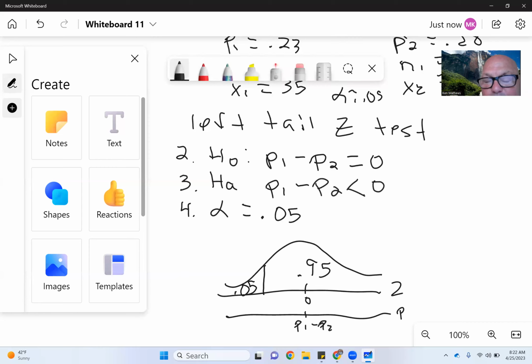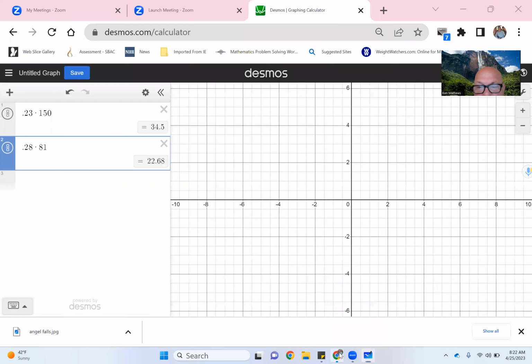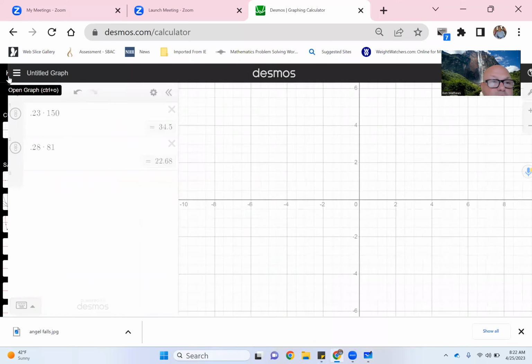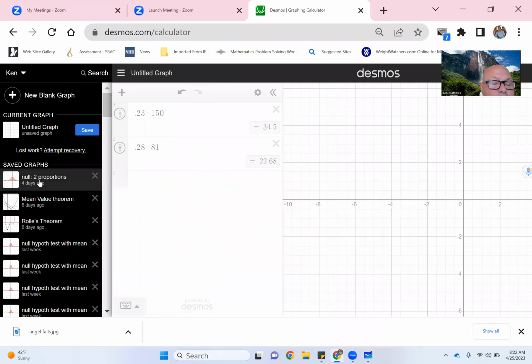Now this is important to remember. We're also talking about the area to the left of the partition when we have to figure out our critical value. So let's go to Desmos and pull up the correct test and see if we can get our critical value. So it's 2 proportions.